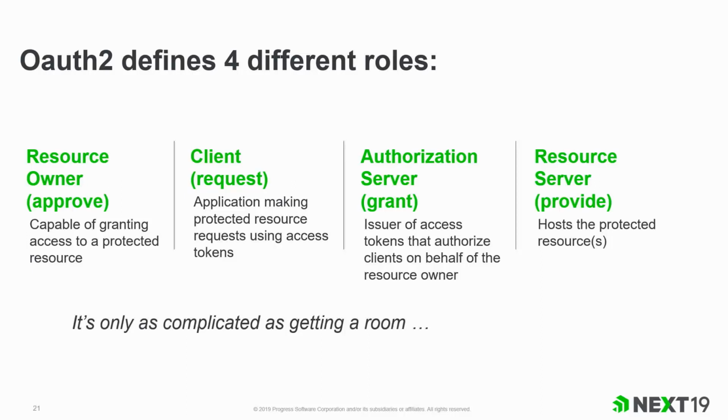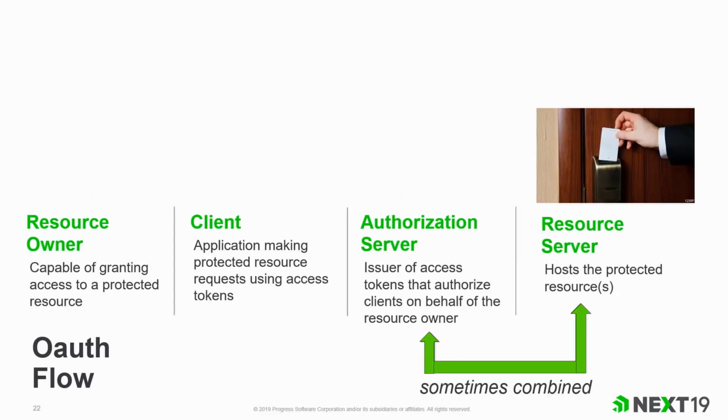So it's not that complicated, and I put together a sort of demo for how this OAuth flow works. To explain it, I'll use a hotel room analogy. We start at the end of the access flow and work our way back. The card reader on your hotel room door is your access provider.